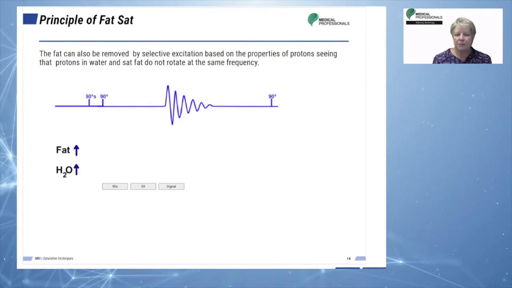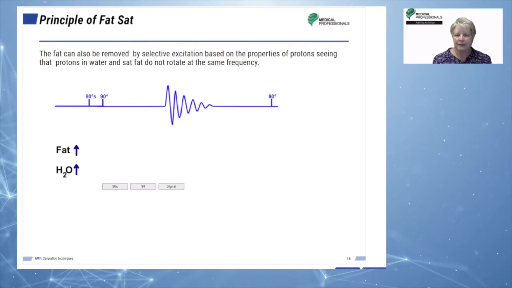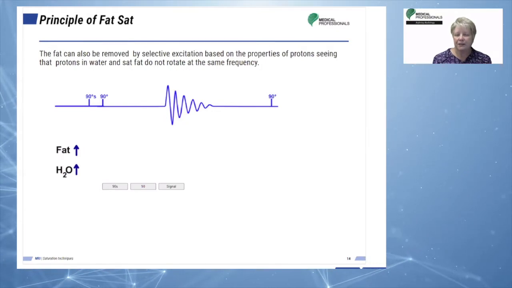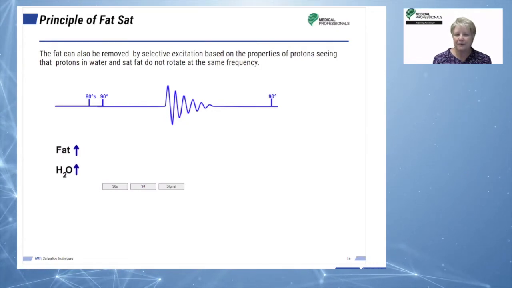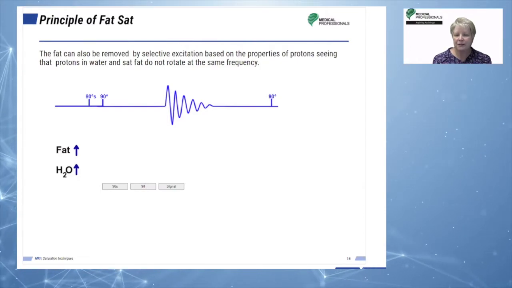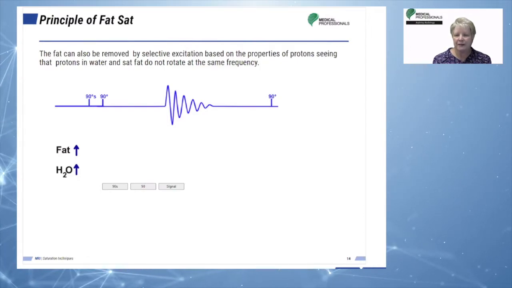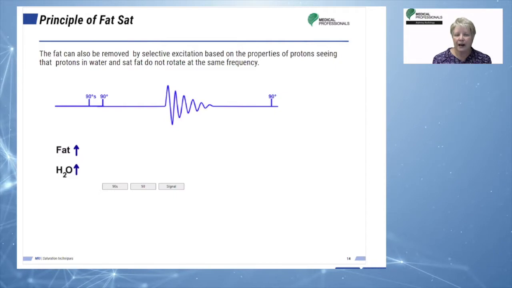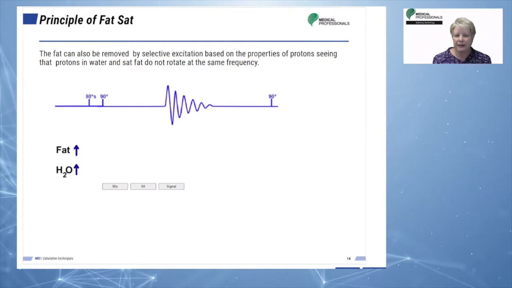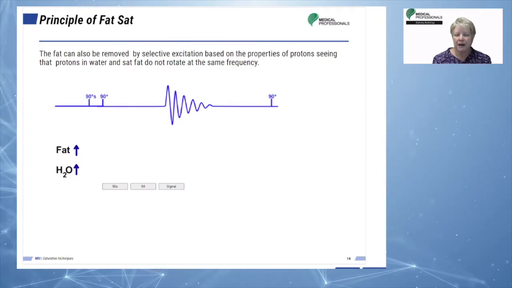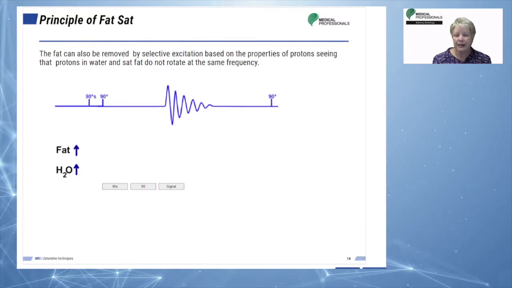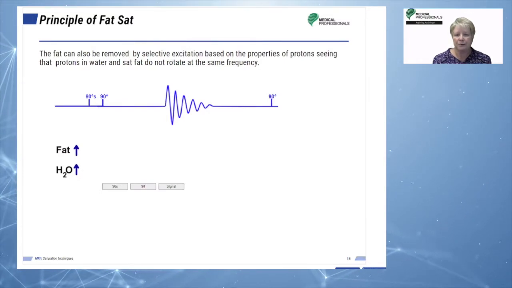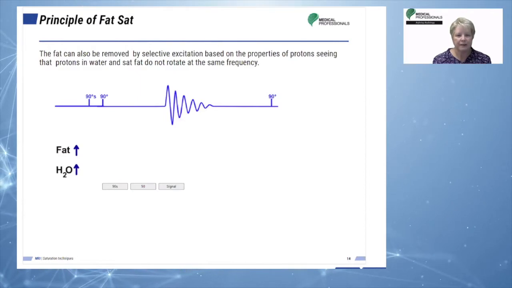For demonstration, we have chosen the simplest sequence. Just before the standard sequence, we will apply a selective 90-degree pulse centered on the resonance frequency of fat. Only the hydrogen atoms of fat will resonate. Fat protons are flipped 90 degrees and water protons remain in their steady state.